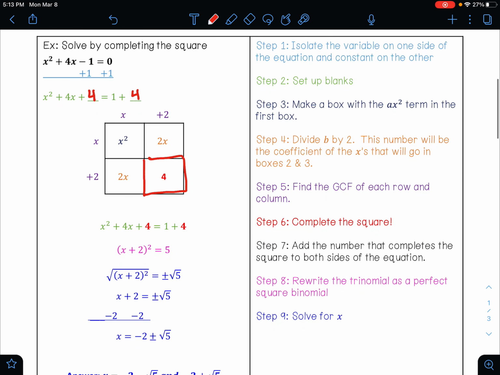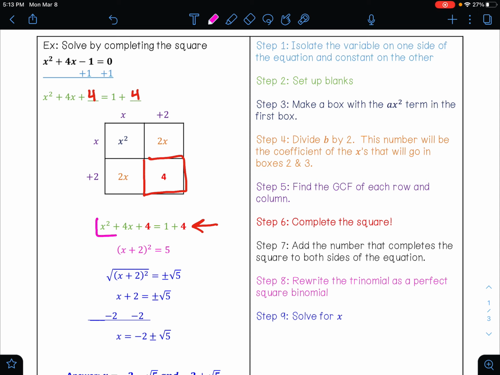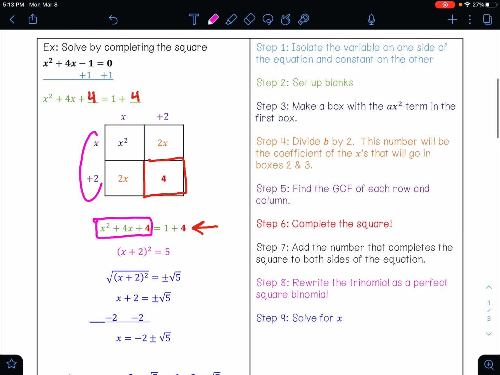And that is what they did right here. Now you can see that we have factored x squared plus 4x plus 4. And when we factor that, we got x plus 2 times x plus 2, which is the same thing as x plus 2 squared.